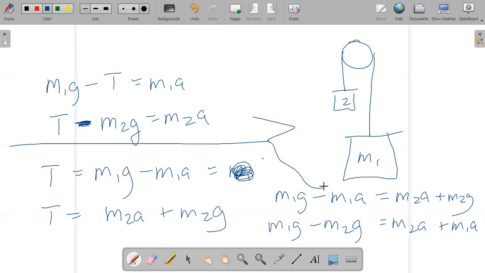I subtracted this one from both sides, added that one to both sides. Yeah, I did. All right. Okay, I'm going to erase and move on.